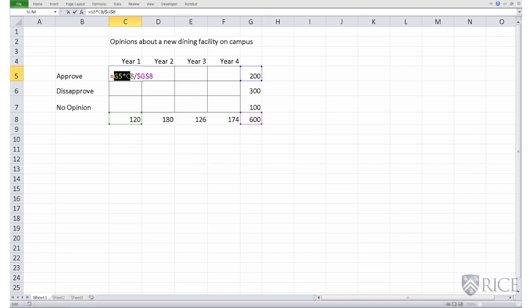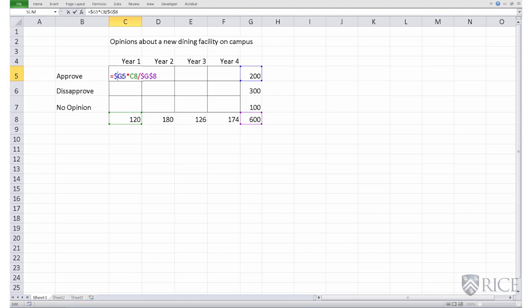In terms of the numerator, which is my row total multiplied by column total, when I copy and paste this formula across the first row, I always want my row total to refer to cell G5. However, when I'm copying and pasting this formula in the next row, I want my row total to refer to cell G6. And in the third row, I want my row total to refer to cell G7. So I do that by fixing the column G, because the column G always remains the same, but I do not fix the row.